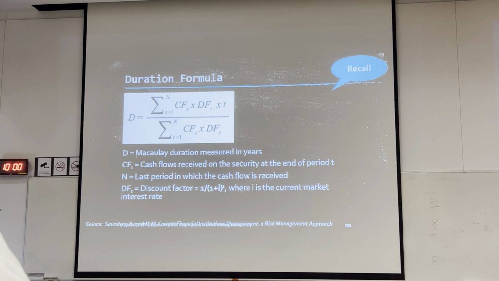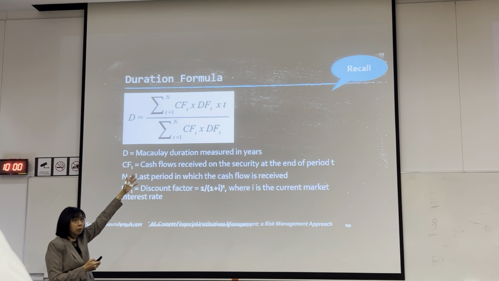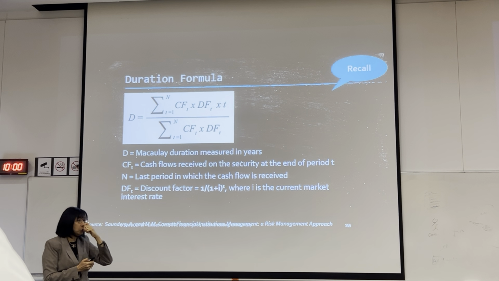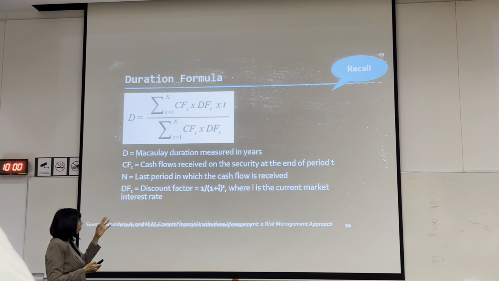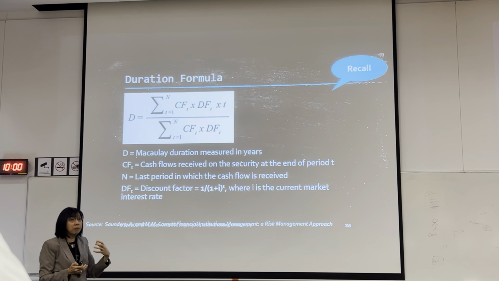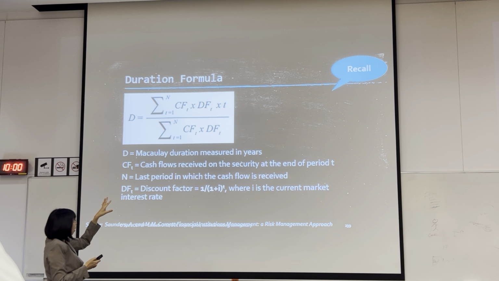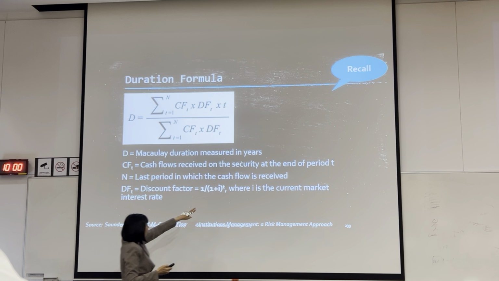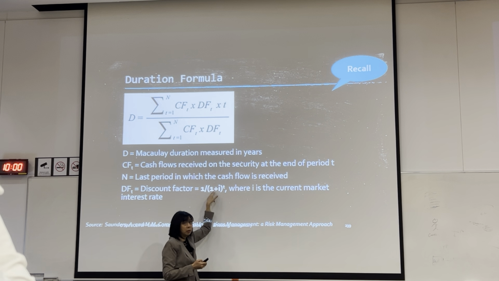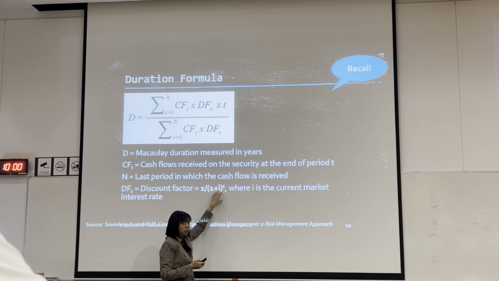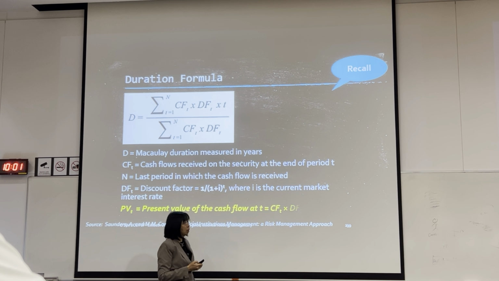Of course, how long is the maturity? Like, how many years does it take to get paid? Because remember, this is the average life, right? And then, how many cash flows are you receiving earlier? The more cash flows you receive earlier, the shorter your average life will be. And another thing is the discount factor, which is a function of interest rates. So what's the interest rate that you're using to discount those cash flows?